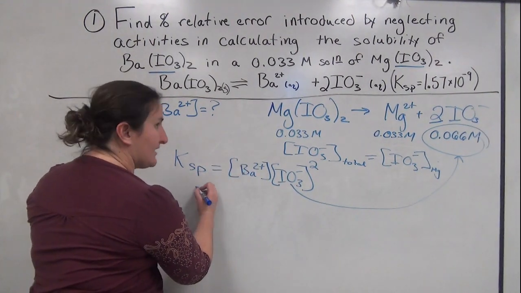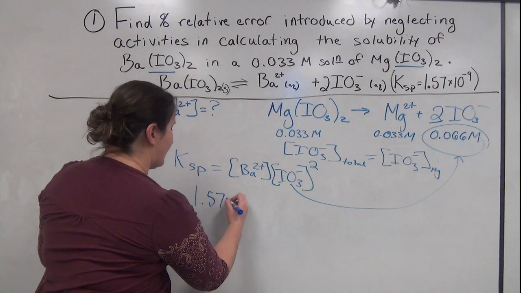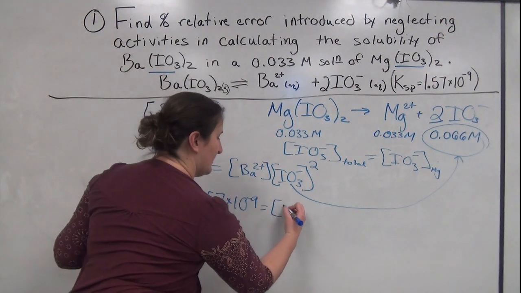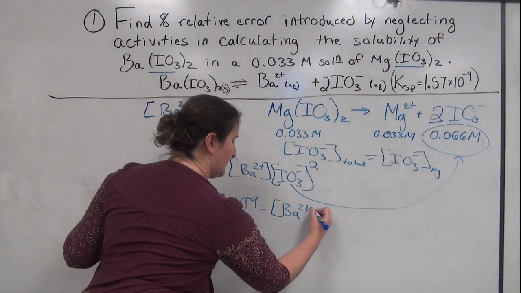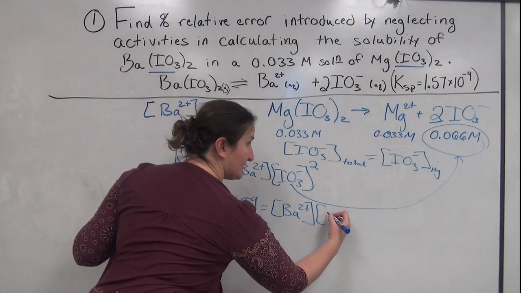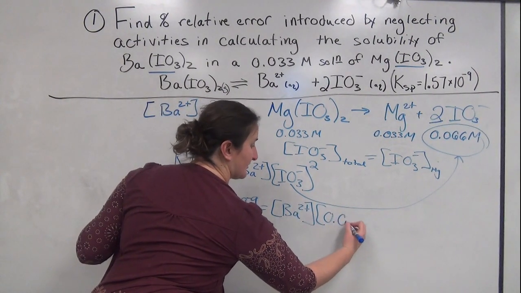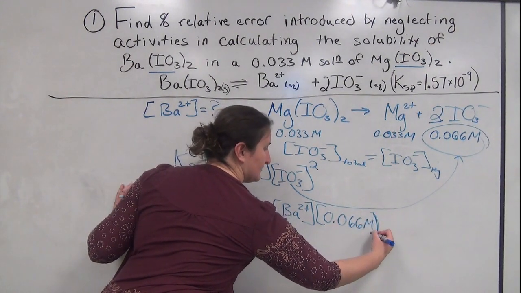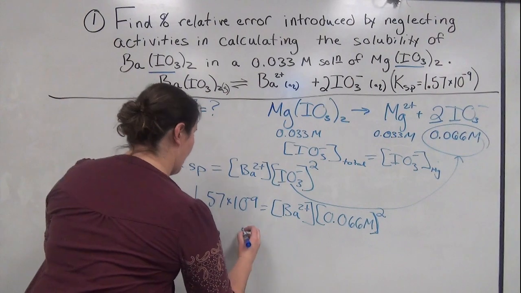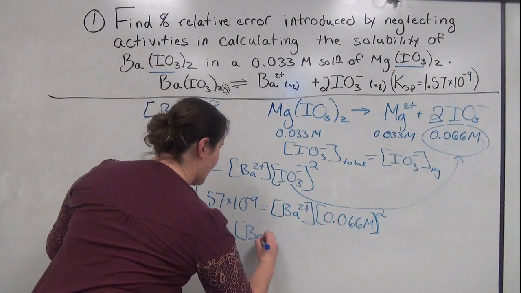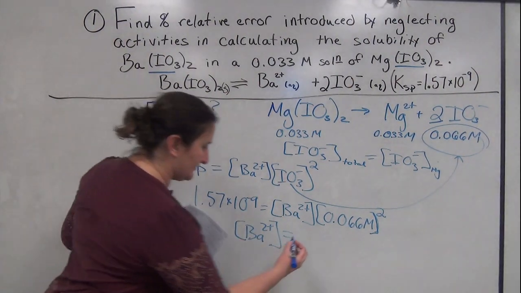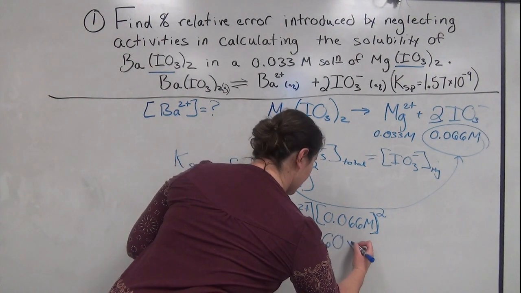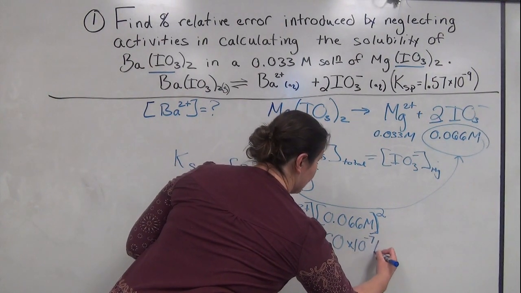So that means my KSP, 1.57 times 10 to the minus 9, equals barium concentration times iodate concentration, which is 0.066 squared. And that gives me a barium concentration equal to 3.60 times 10 to the minus 7 molar.